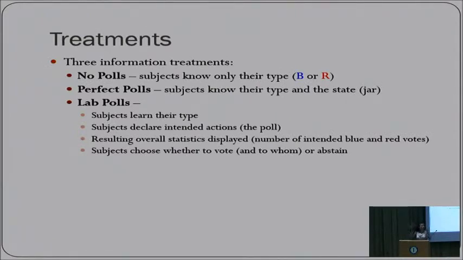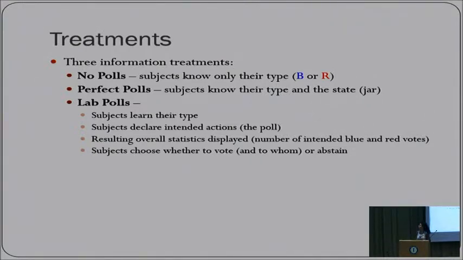So again, just to summarize, this is the end of the excerpts. The treatments were the following: 3 information treatments. No polls, where subjects know only their own type, whether they prefer blue or red. Perfect polls, where subjects know their type and the state, the jar. And lab polls, where subjects first learn their type, then they declare their intended actions.